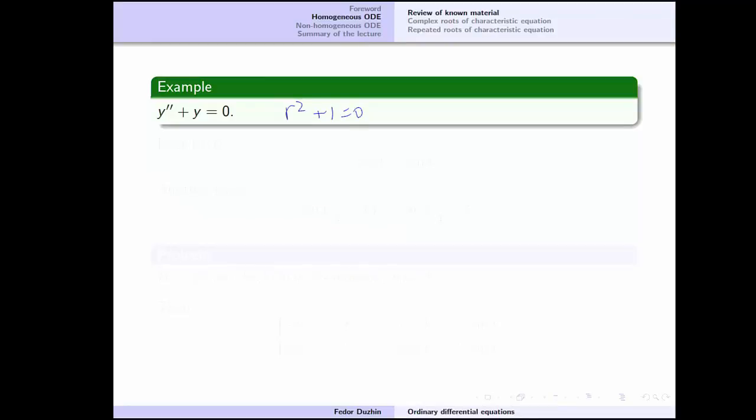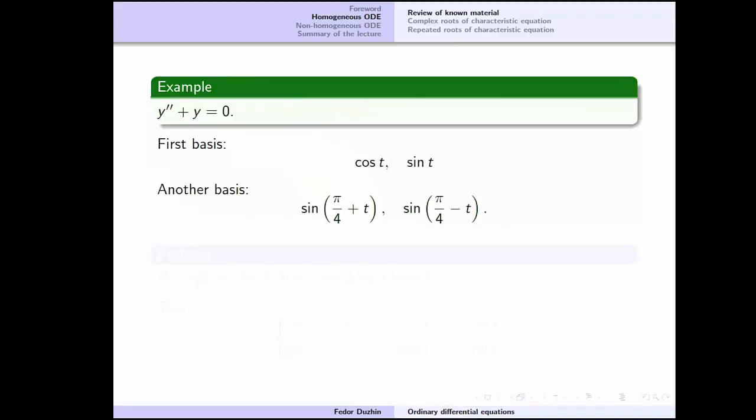This equation does not have real roots, so the roots are complex. We didn't discuss how to deal with this type of equation in general, but in this case it is a fairly simple equation, so you can guess that sine and cosine satisfy the equation.